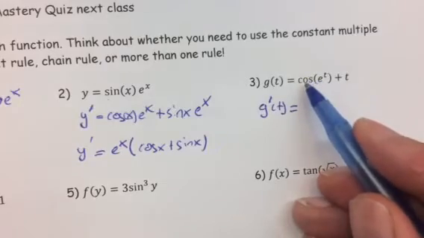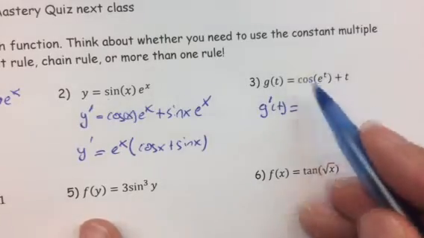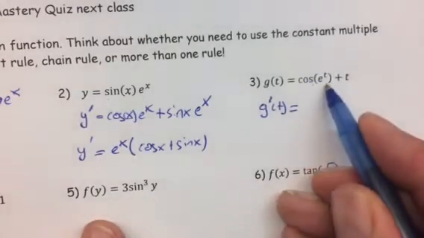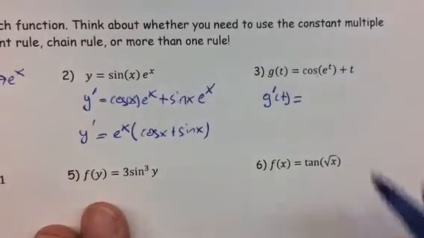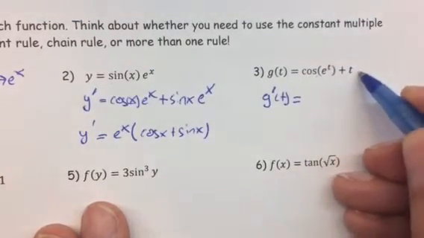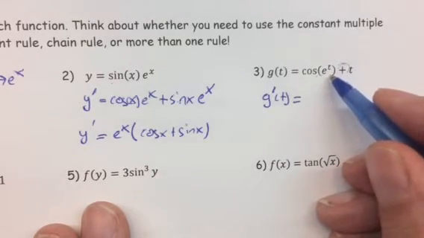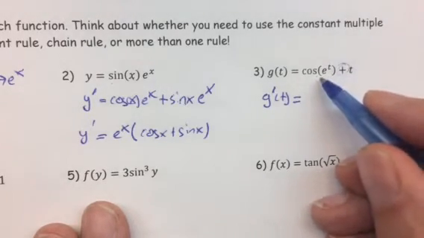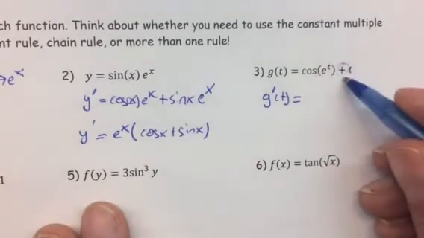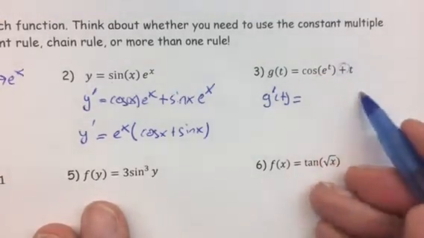It wouldn't make sense to think of it as cosine times e to the t because you can't have cosine without something inside of it. So the thing that's inside of it is e to the t. So plus t. So we have this plus. The way we do a sum or a difference is we do the derivative of the first one plus the derivative of the second one. So we'll just do these separately.